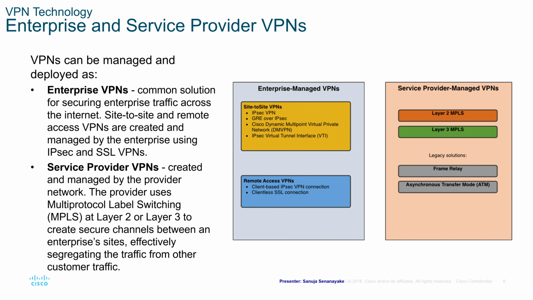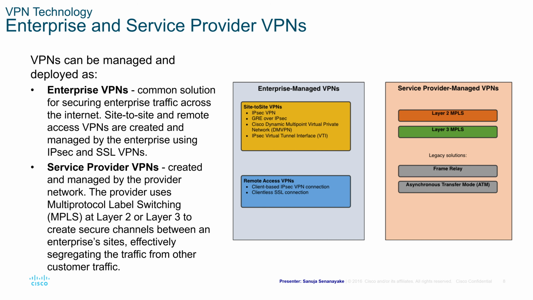The service provider VPNs, in that situation, are created and managed by the provider of the network. The provider uses multi-protocol label switching, also known as MPLS, at layer 2 or layer 3 to create secure channels between an enterprise's sites, effectively segregating the traffic from other customers.